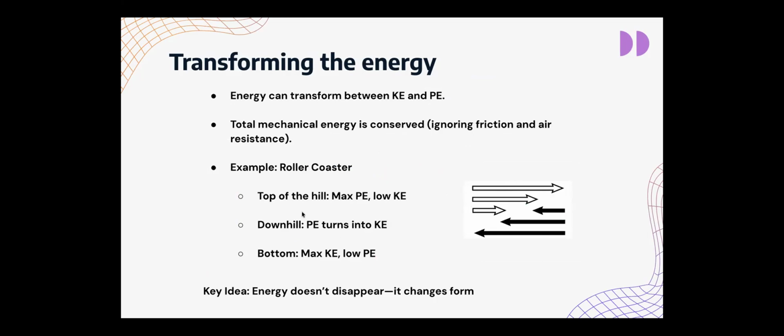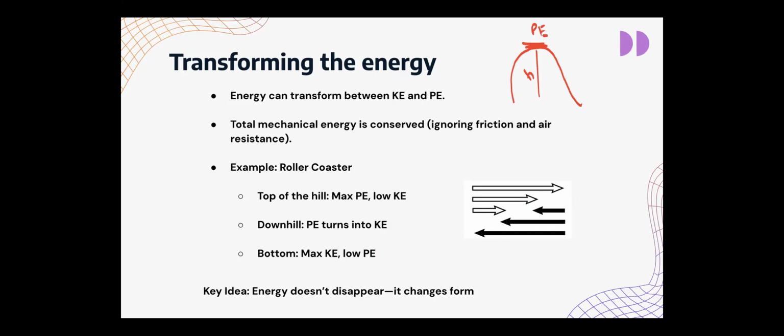Like I said earlier, I don't know if you guys remember, but we conserve the mechanical energy, so we usually ignore friction and air resistance, right? If we ignore the friction and air resistance that goes along with the roller coaster and draw an image here with the height h, the maximum potential energy would be up here, which means there is very low kinetic energy, right?